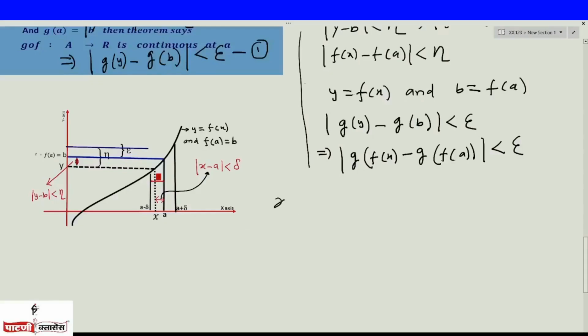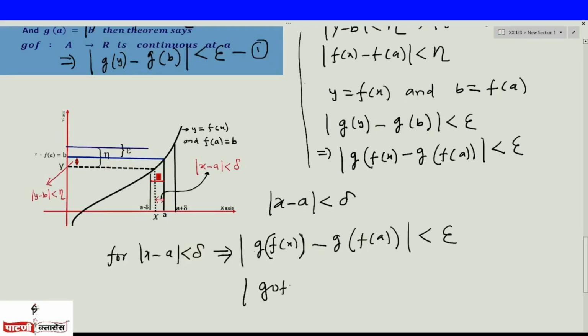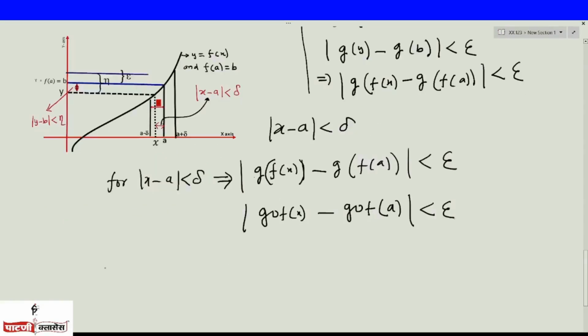Therefore, for modulus of x minus a less than delta, we have modulus of g of f of x minus g of f of a less than epsilon, which can be written as modulus of GOF of x minus GOF of a less than epsilon.